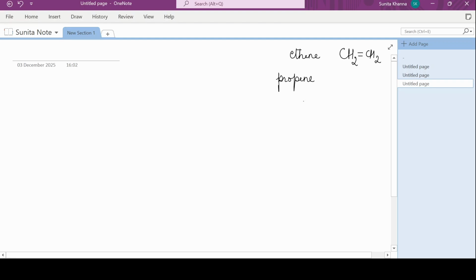Be careful, the first member of alkene has two carbon atoms. This you must have studied when you did hydrocarbons. The second alkene is propene, that is CH3CH=CH2. Now what do we do if we take out one hydrogen atom from this?